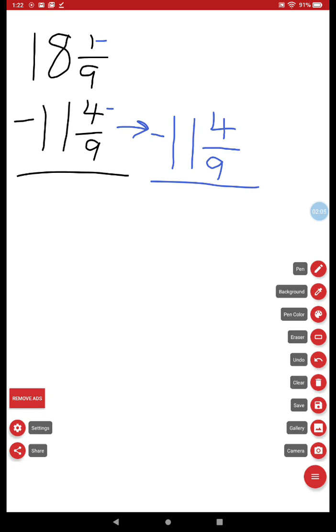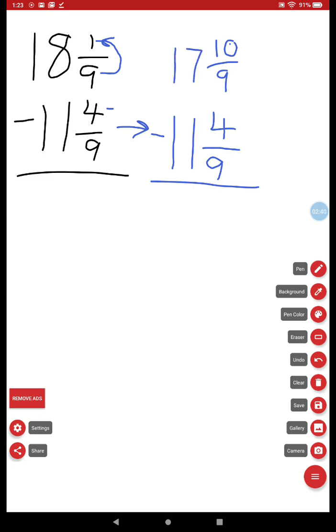So instead of adding 10 to 1, like what we're used to doing with subtraction and borrowing, now we're going to add 9 to 1. So what's 9 plus 1? It is 10 over 9. Now I'm borrowing, remember, how much did I borrow? I borrowed 9/9 from the 18. 9/9 equals 1. So if I borrowed 1 from 18, 18 now becomes 17.